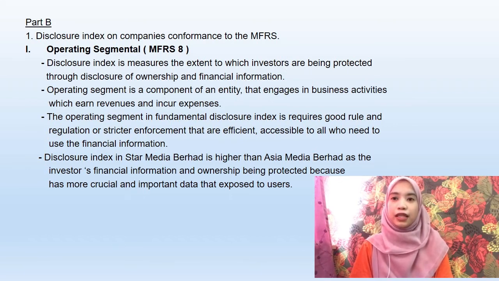Meanwhile, an operating segment is a component of an entity that engages in business activity which earns revenue and incurs expenses. The operating segment in the disclosure index requires good rules and regulations or stricter enforcement that are efficient and accessible to all who need to use the financial information.